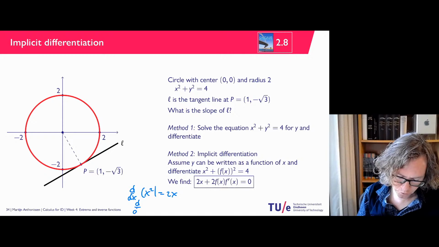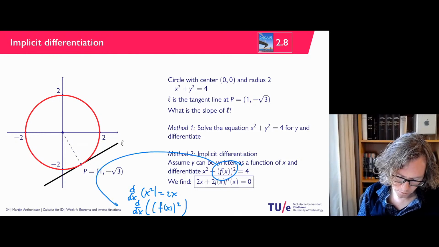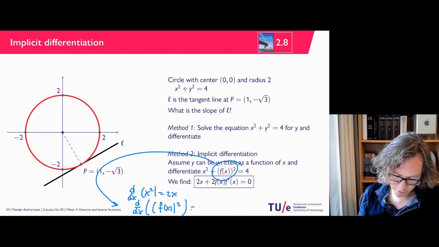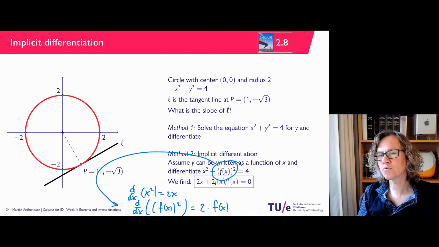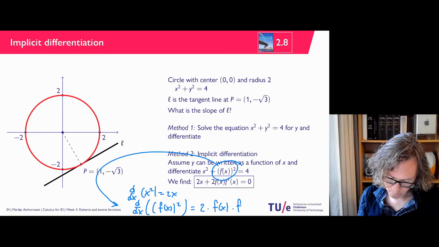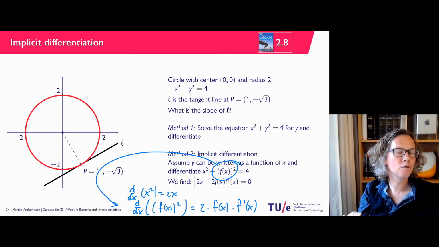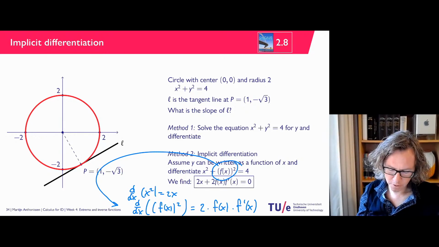And if you do the d/dx of f(x) squared, so this term here, what you find is 2 times f of x. And then with the chain rule, and that is important, you get an additional f prime of x. So then you find the formula that's here in the black box.